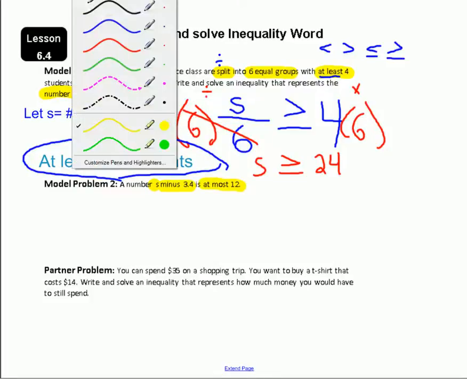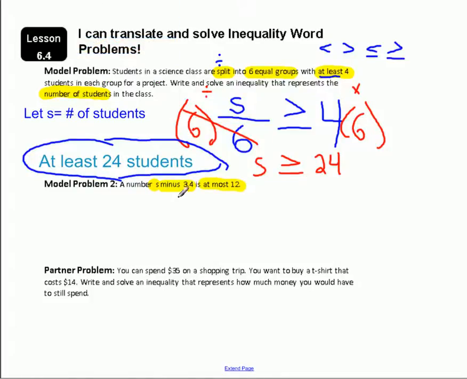Again, at most is another clue word, so if you need to, go back and look for it. I know I can do S minus 3.4. That's pretty easy. At most 12, again, if you need to go back and look for it. At most means the most it can be is 12, which means, if you think about it, it could equal 12, at most 12.